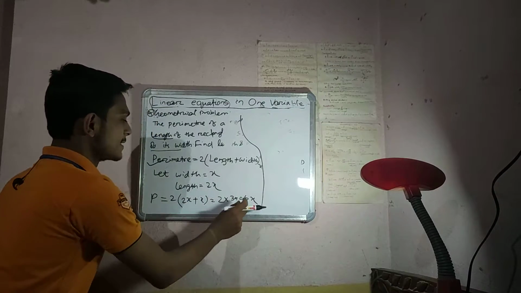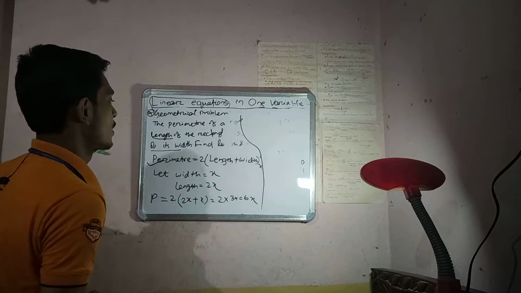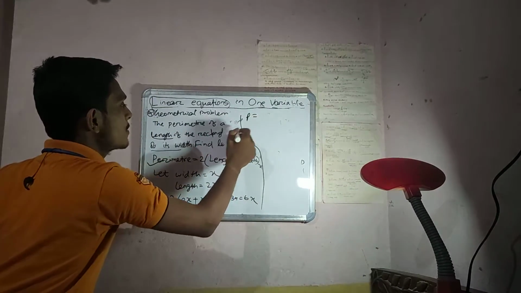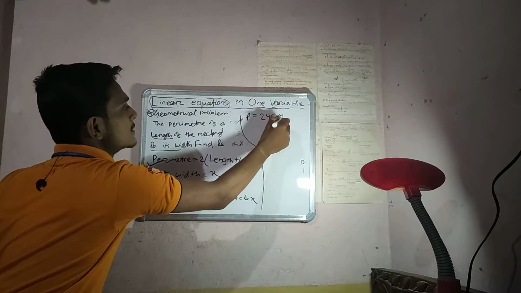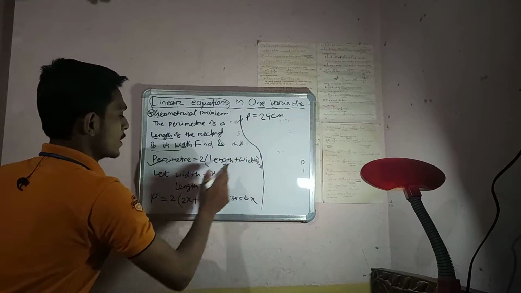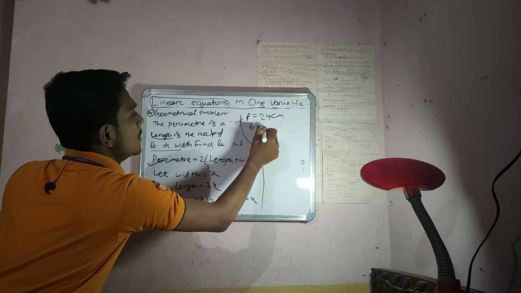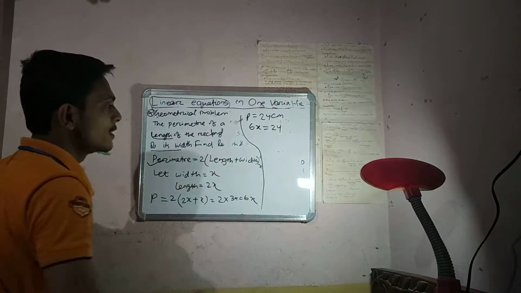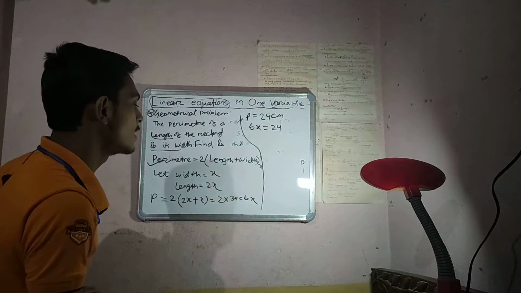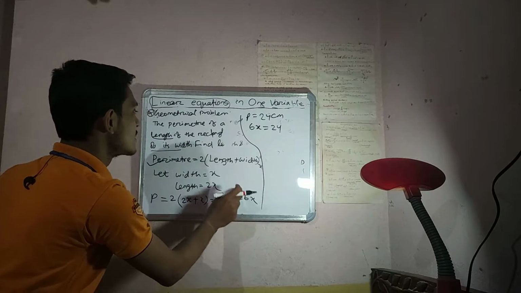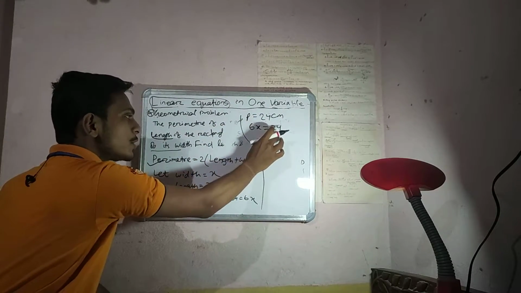So perimeter is 6x. But we have the perimeter. What is the perimeter? That is 24 centimeter. So this is the equation we get, that is 6x equal to 24, because the perimeter is 6x and the perimeter value given is 24.